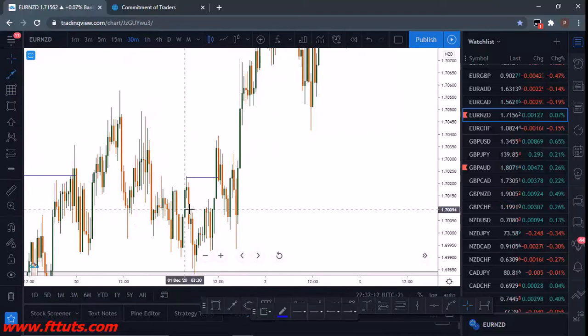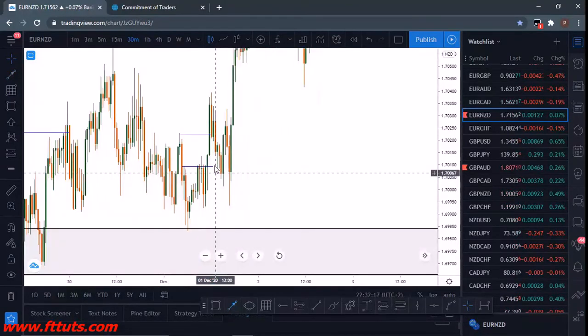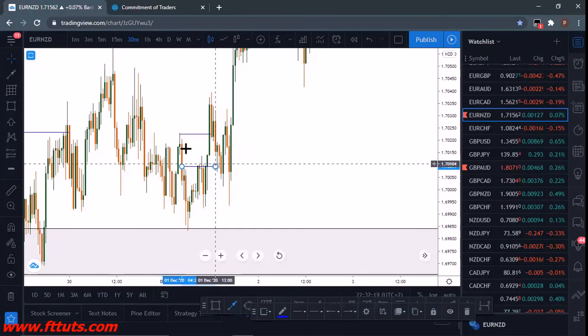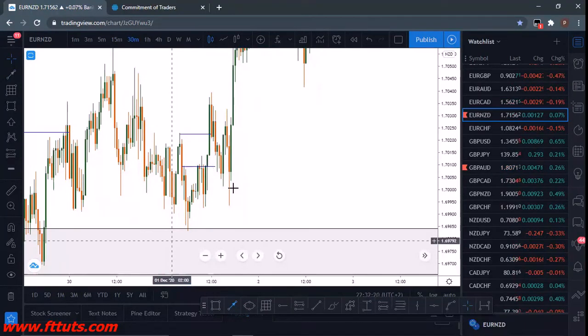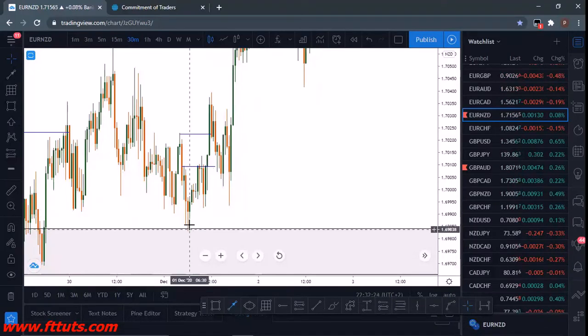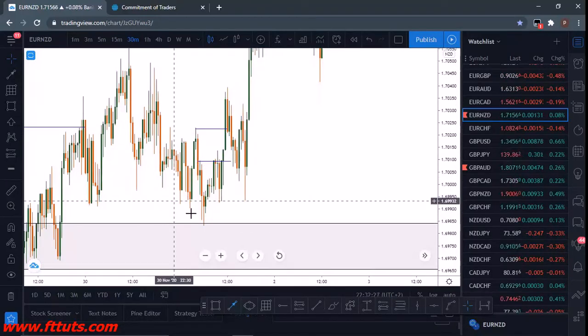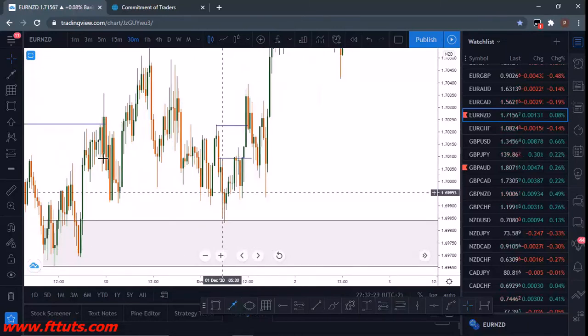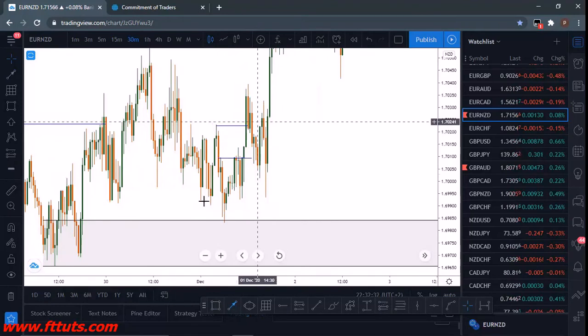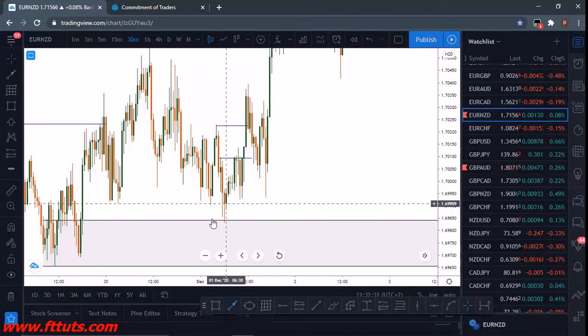The 30 minute break of structure is down here. So you have those breaks of structure, and you have the area which was tested here. Either way, if you took this entry from the 1 hour, you are going to make profit, and even if you take it from the 30 minutes, you're going to make profit.